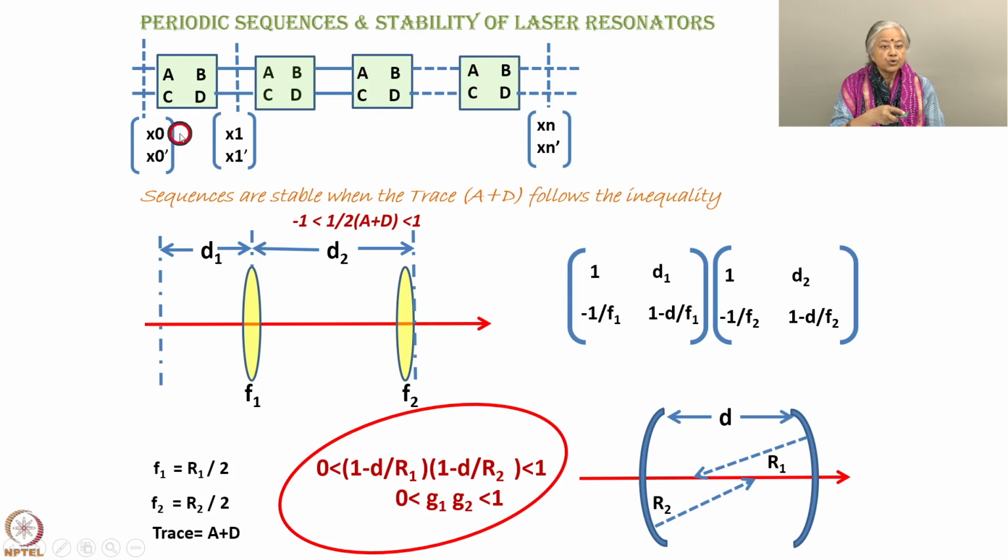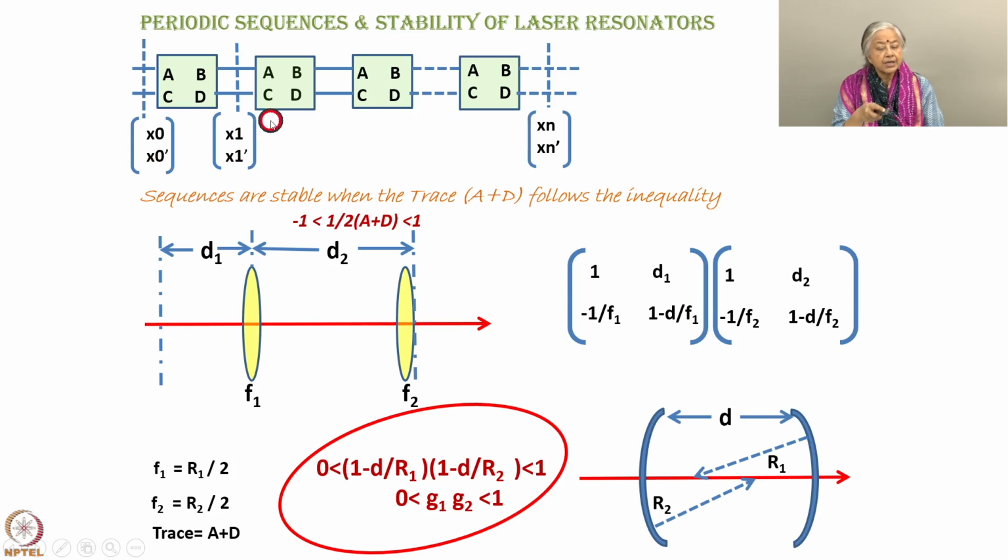The input is x0, x0 dash, where x0 dash refers to the angle made by the ray with the z axis, along which the beam is travelling. Then after this element, it becomes x1 and x1 dash, which you can solve by solving the matrix equation.